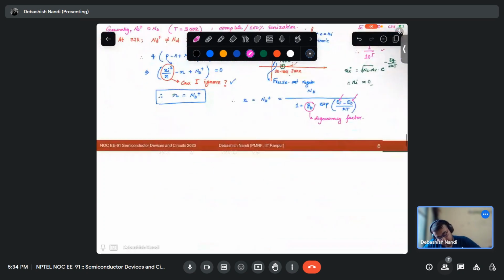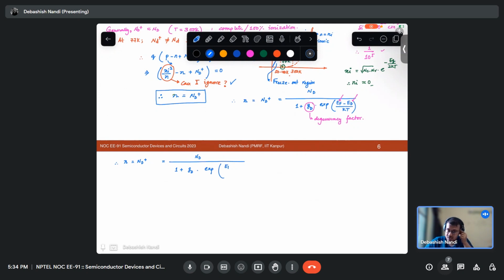So how can I solve this? N equal to Nd plus is equal to Nd over 1 plus Gd multiplied by exponential, which I can write as Ef minus Ec plus Ec minus Ed over Kt. And why do I do so?